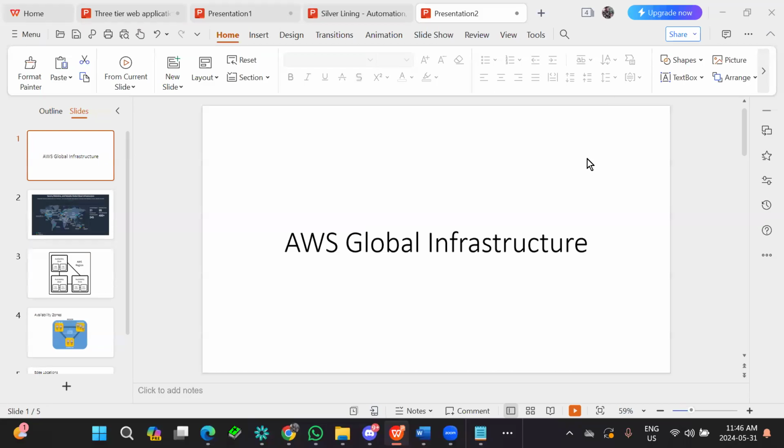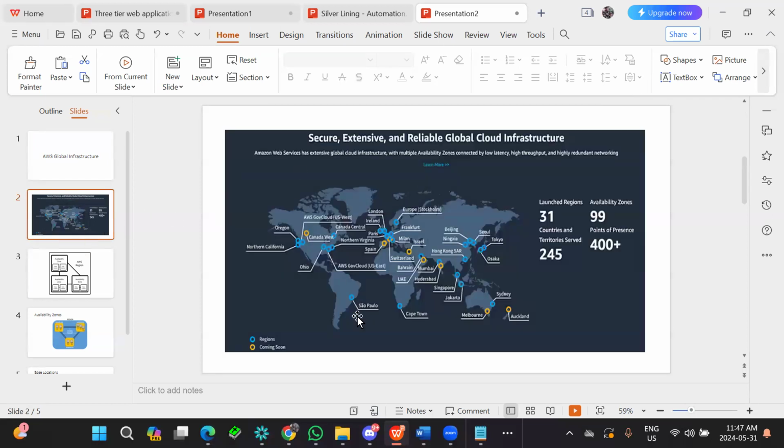In this recording, I'm going to be talking about the AWS Global Infrastructure. Here is a global map of the AWS Global Infrastructure.